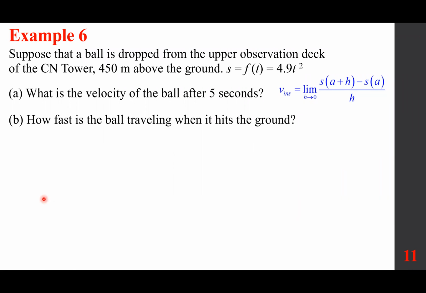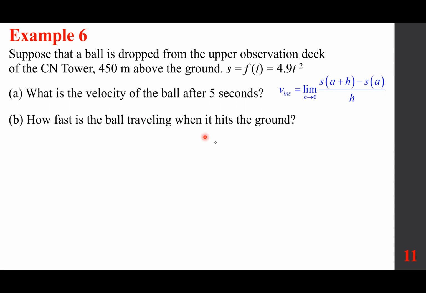Instead of finding f prime at a, in this case 5, you can find f prime of x, or f prime of a, and keep it at a instead of 5. The reason is that we're going to need that for the second part.